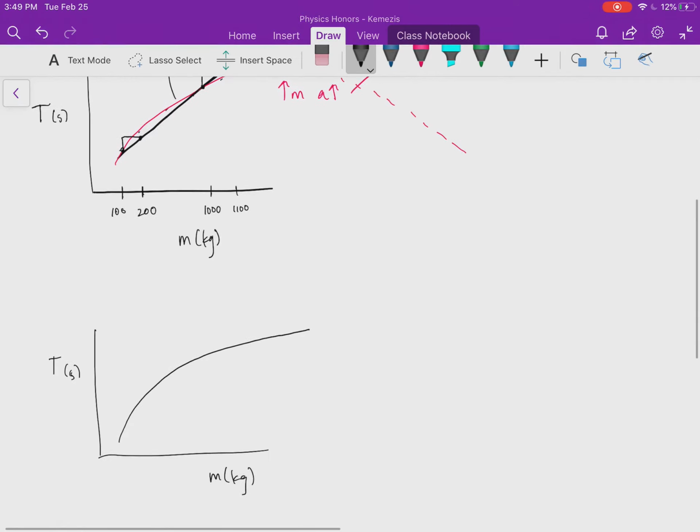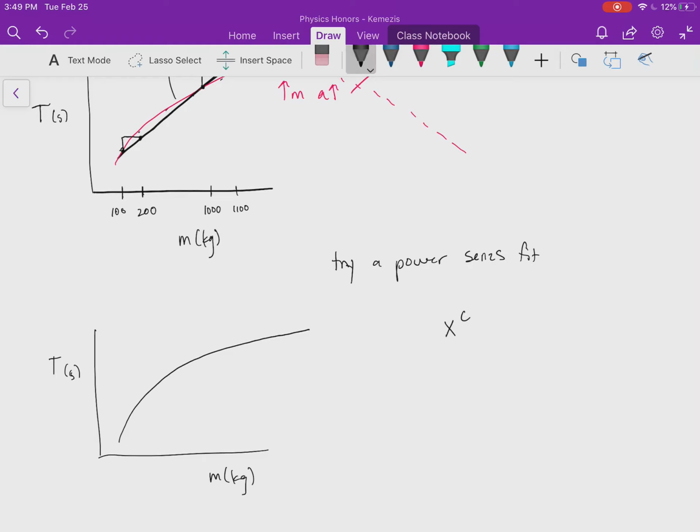So if linear fits and quadratic fits don't work, our next best thing is to try a power series fit. A power series fit is basically taking x and raising it to some value.